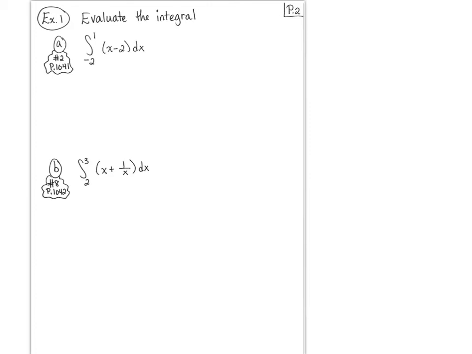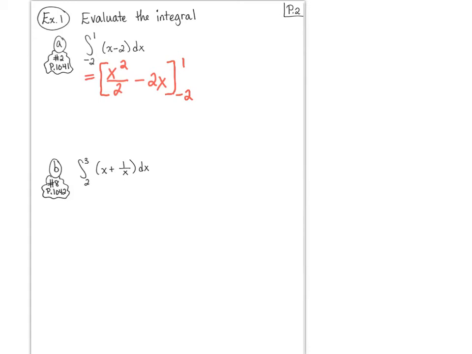So, the antiderivative of x minus 2 is x squared over 2 minus 2x, right? Because when you take the derivative of this, you get the integrand x minus 2. Now, we need to evaluate that from -2 to 1.